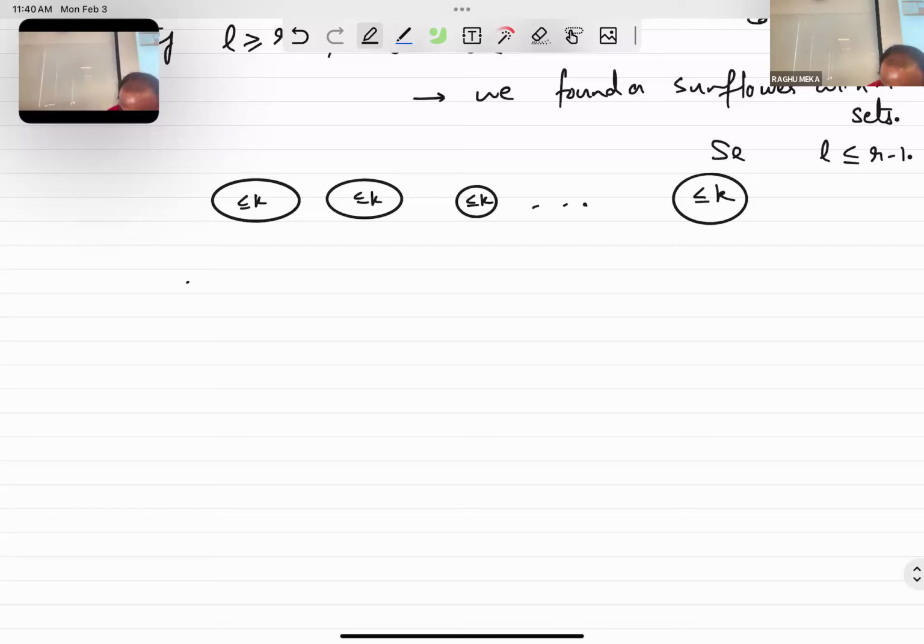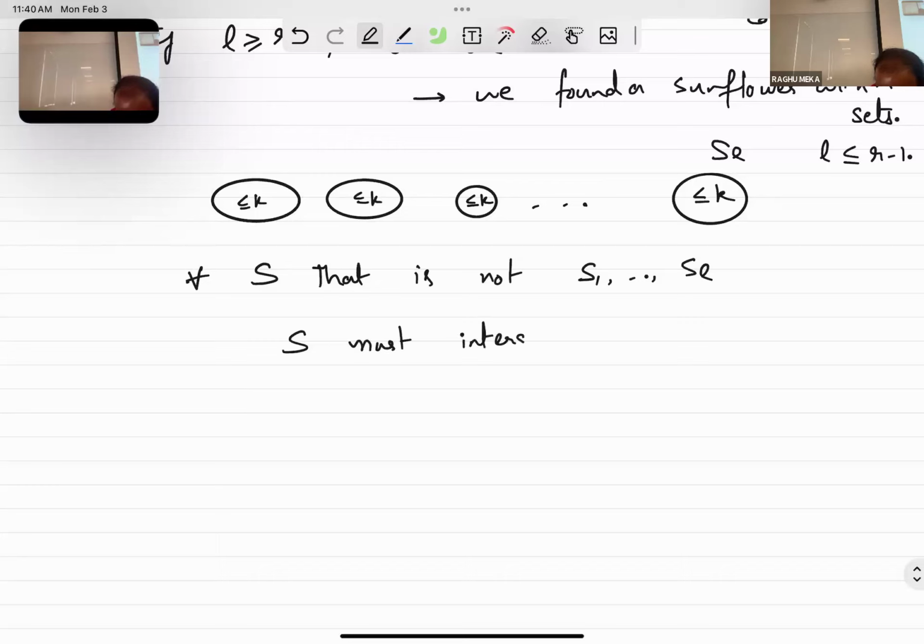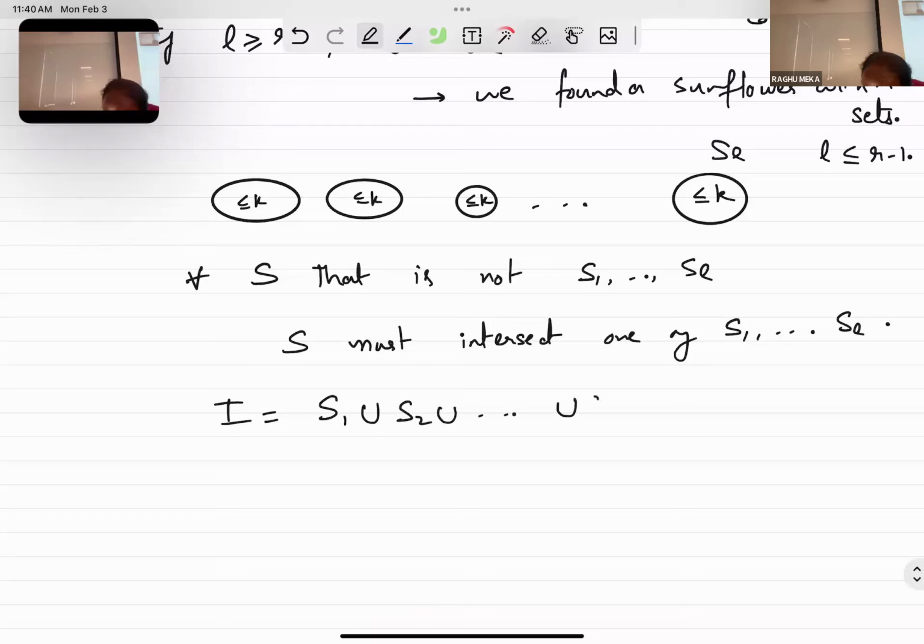So that means that for every S, let I be all of the elements in these disjoint sets.